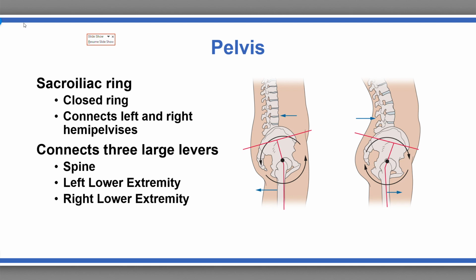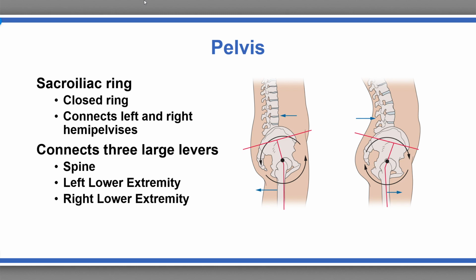What we're looking at here in this particular slide is the sacroiliac ring. This is essentially the formation of the sacrum and the pelvis that come together, creating a closed ring that connects the left and the right sides of the pelvis, also known as the hemipelvis.